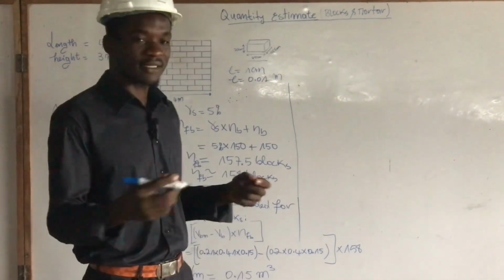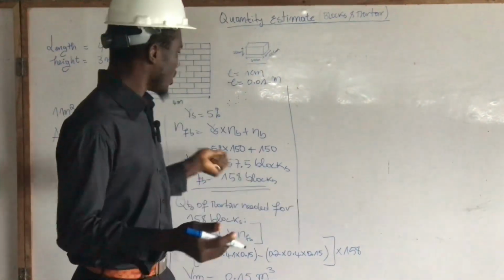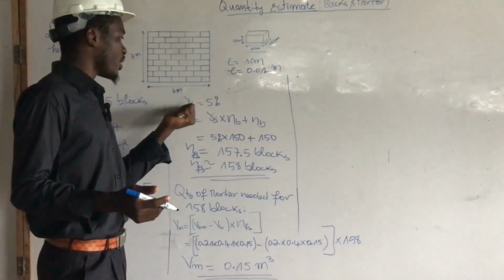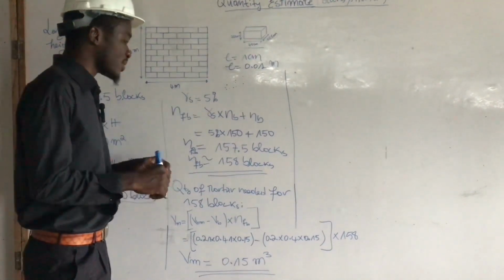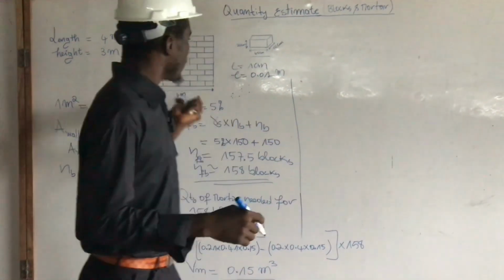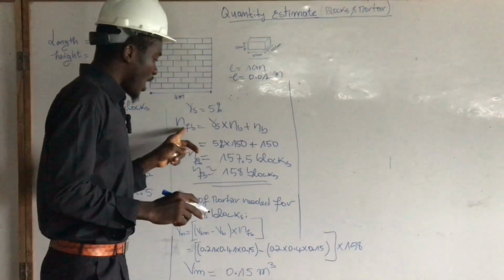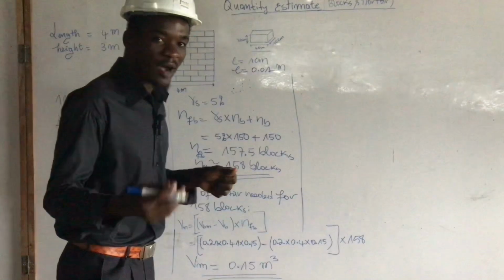That's like a coefficient of loss, which I noted gamma s equal to 5%. You add 5% on the number of blocks found to build our wall of 3 by 4.